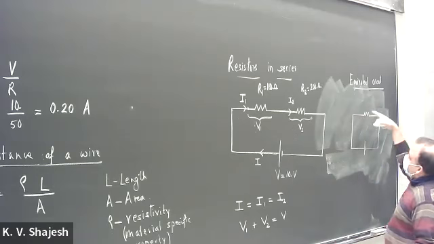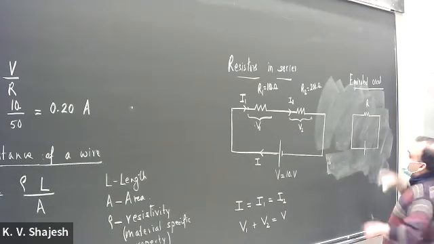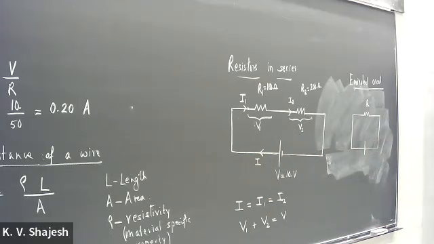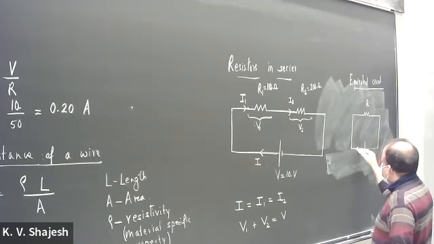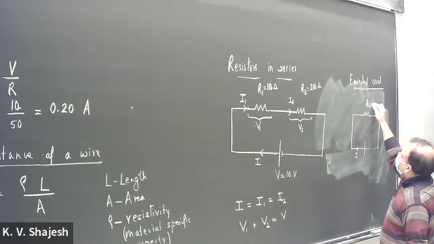And you ask, what should be that single resistor which pulls the same amount of current as the circuit with 2 resistors. So it has to pull out the same amount of current I. That's Req.